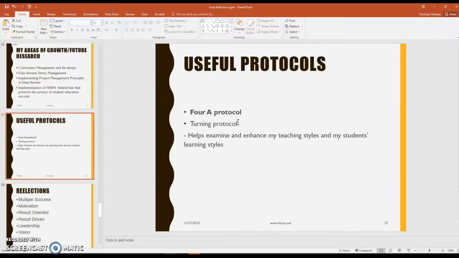Okay, so I was able to analyze data better, to examine data, to review my teaching style and learning outcomes. So I found some erroneous practices that I was involved in, causing some instructional gaps. It's a result of implementing the 4A protocol.